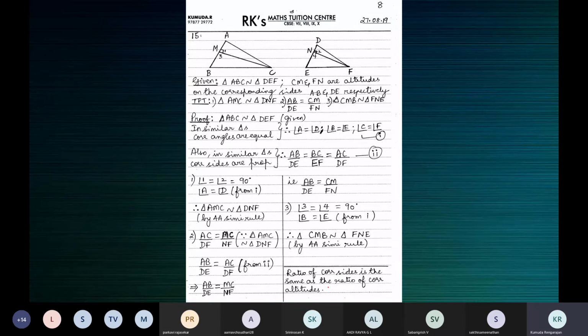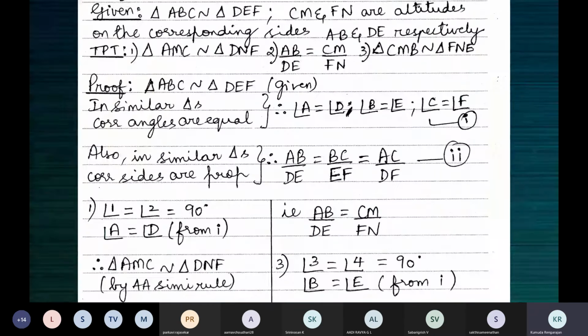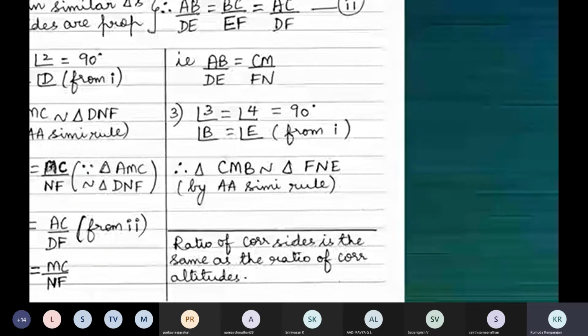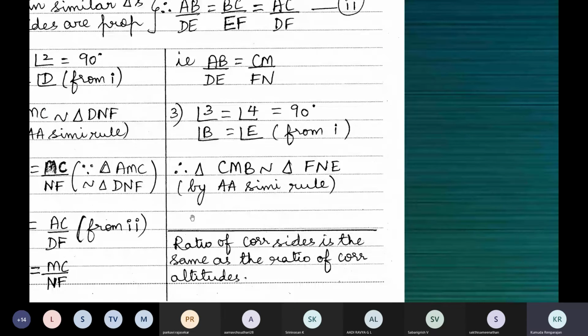Please write this as a note. Please include: in 2 similar triangles, the ratio of the corresponding sides is the same as the ratio of the corresponding altitudes. This is the next note. In 2 similar triangles, the ratio of the corresponding sides is the same as the ratio of the corresponding altitudes.